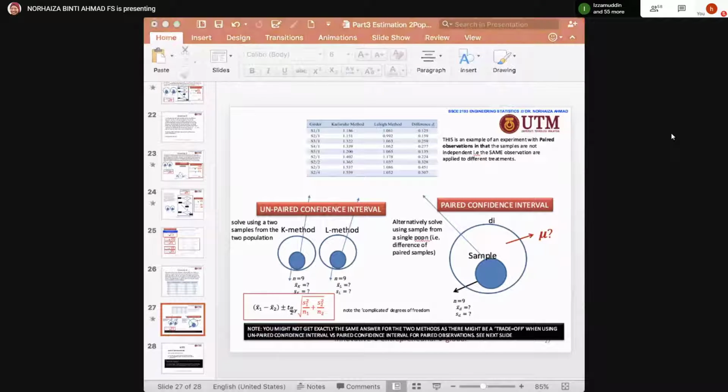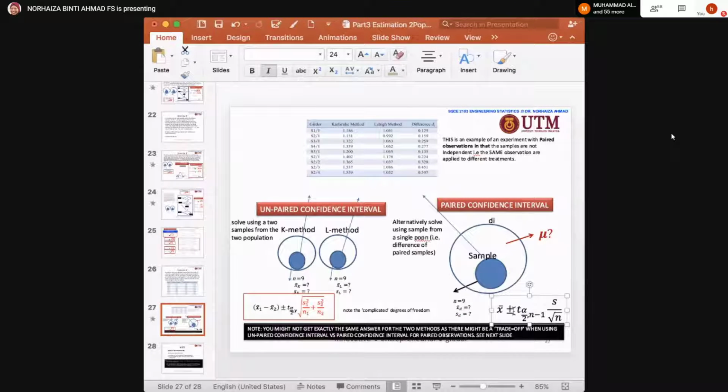Let me find the formula for you. In this case, you're going to use this formula here.